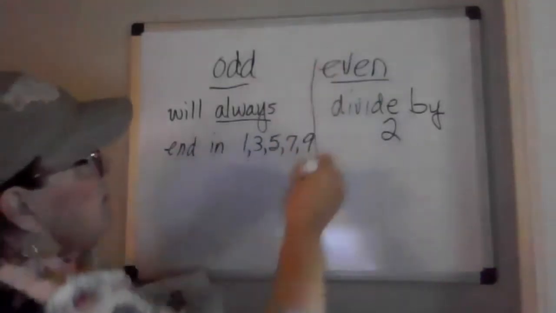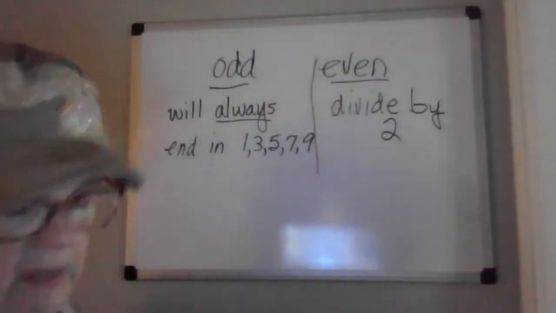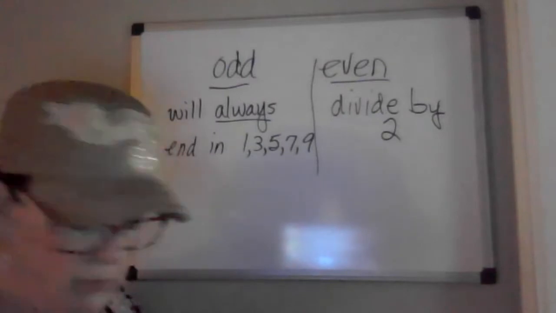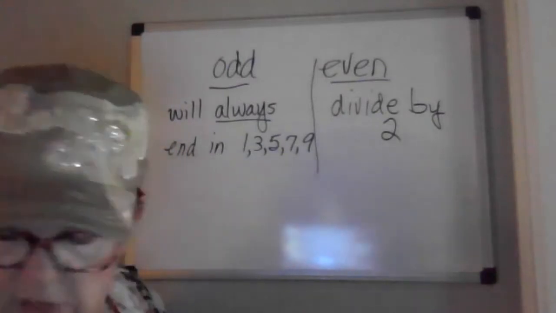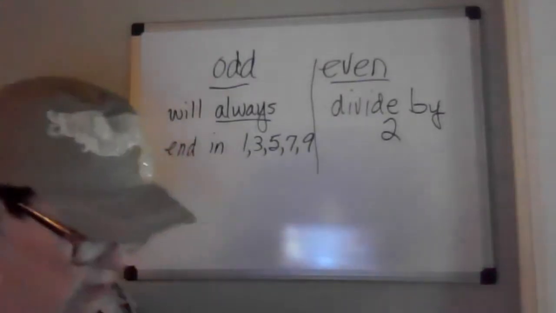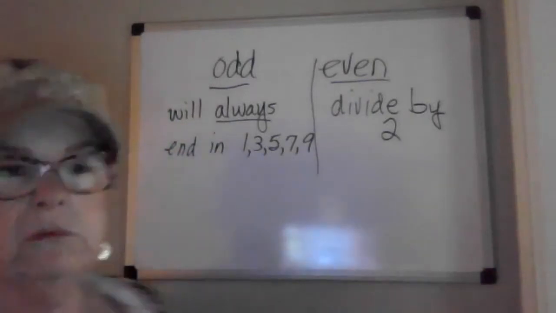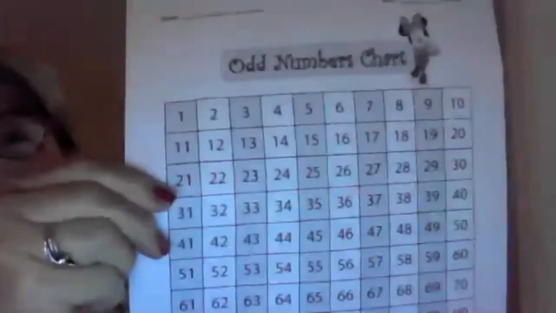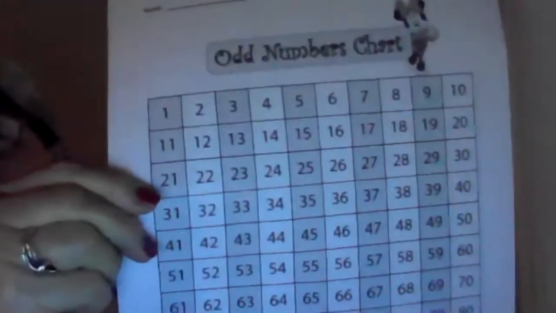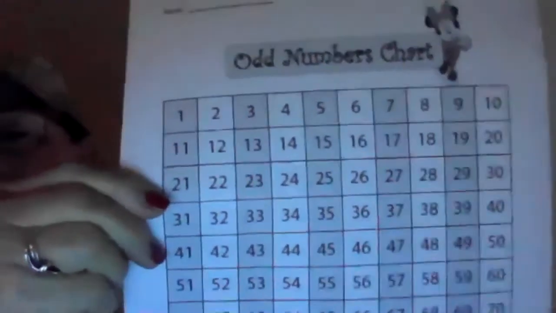Okay, and I actually sent you a chart. Some of these look very childish, but I think they're just fun. You will have a chart that has all the even and odd numbers. The odd numbers are the ones that are colored.